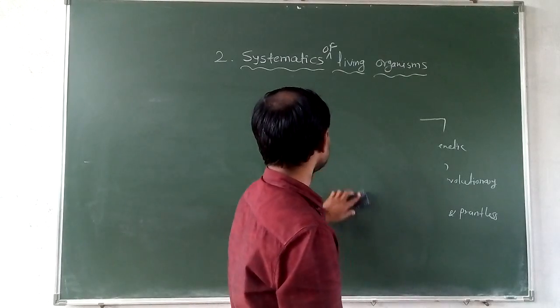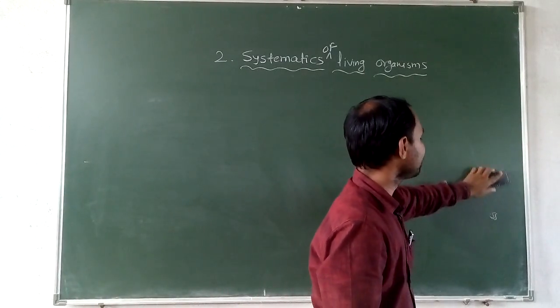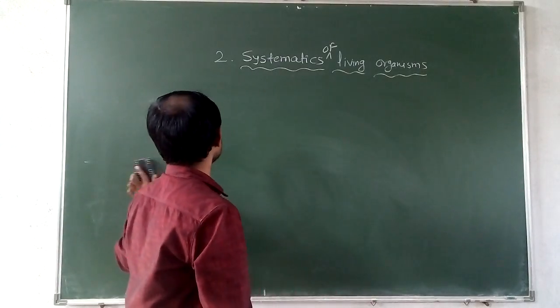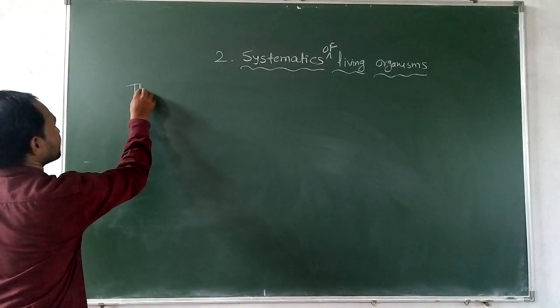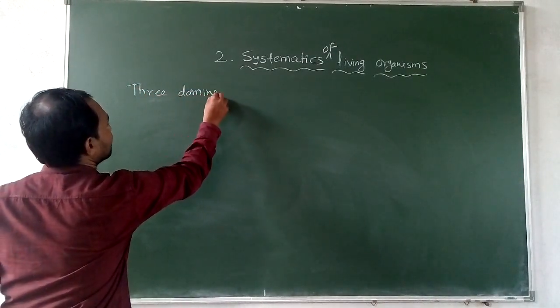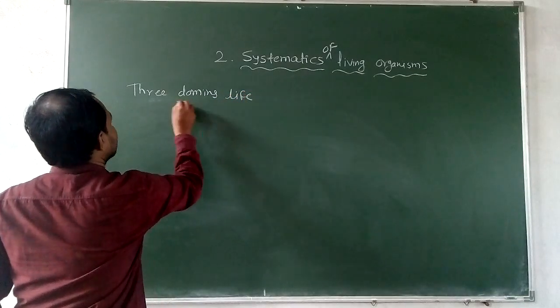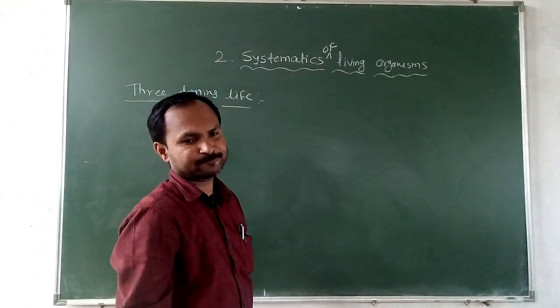Life, we already know, has some characters and features. So about life there is no problem, but we are studying the next point, the three domains of life. Now life on the earth originated from water.